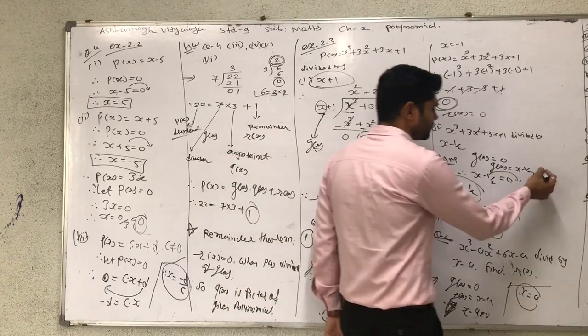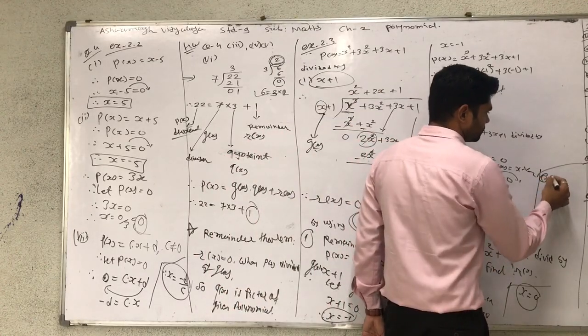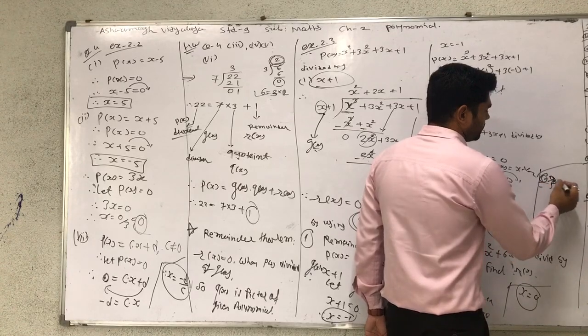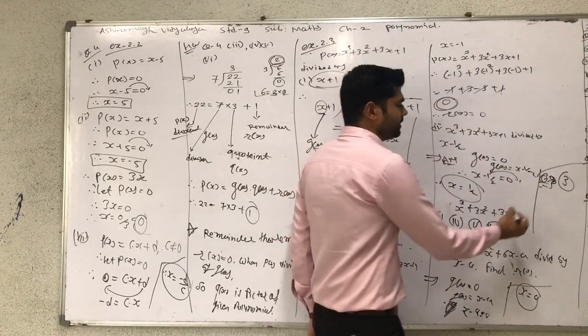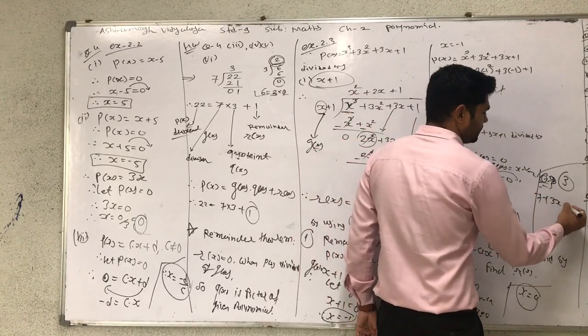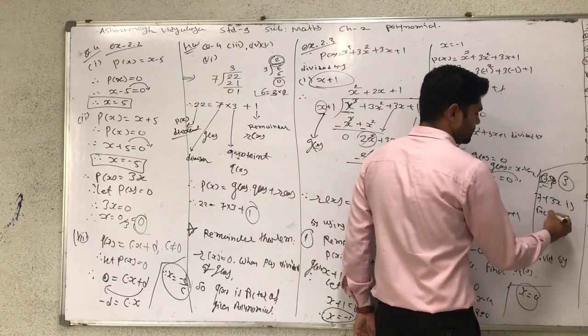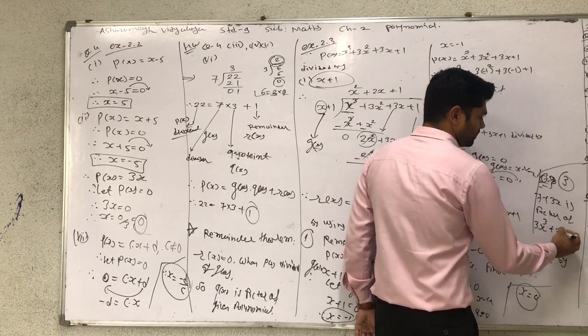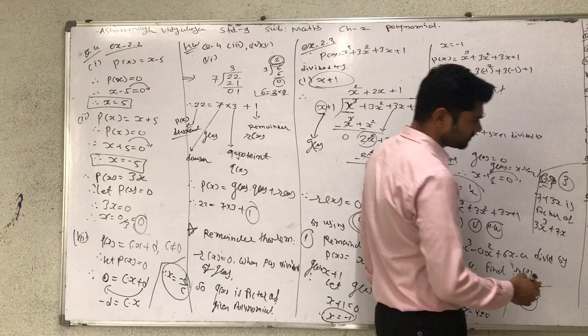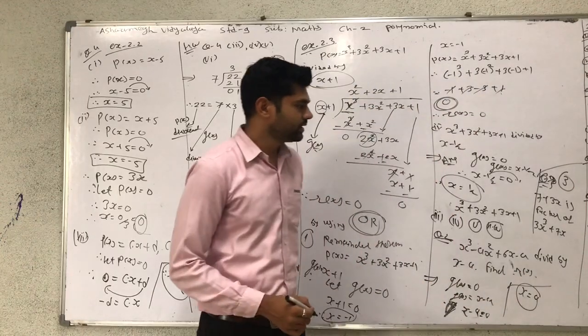Now question number third. Check whether 7 plus 3x is a factor of 3x cube plus 7x or not.